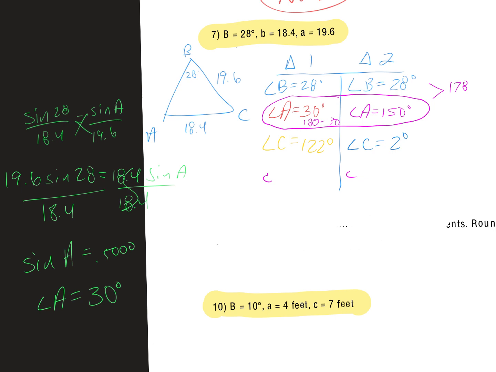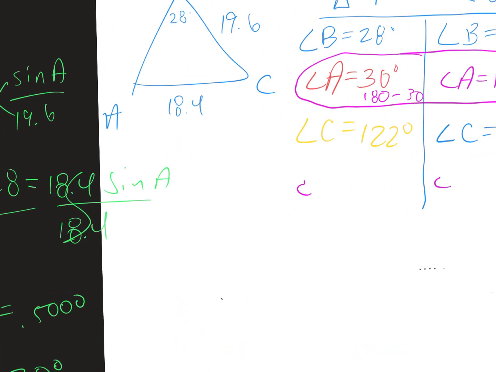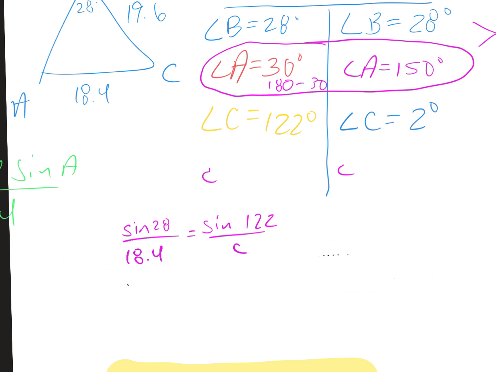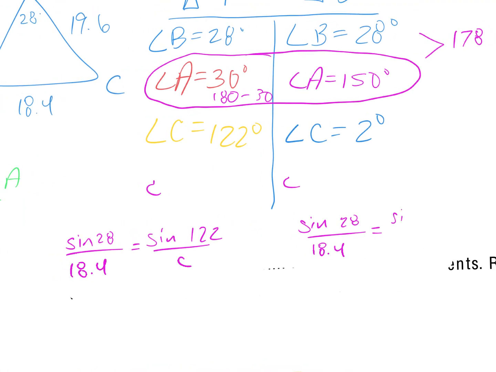So again, we're going to go back to the very beginning. We're going to start with our original law of sines proportion. Sine 28 over 18.4 equals the sine of 122 over little c. And on the right-hand side, we're going to do sine of 28 over 18.4 equals the sine of 2 over c.